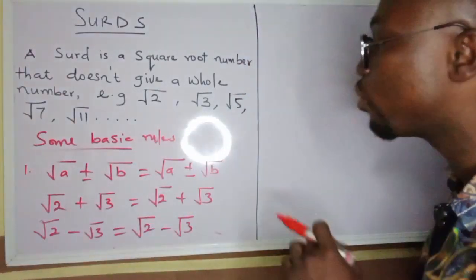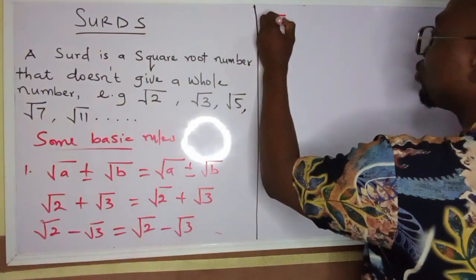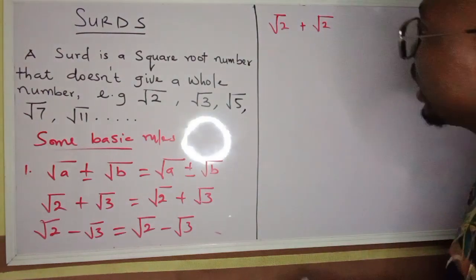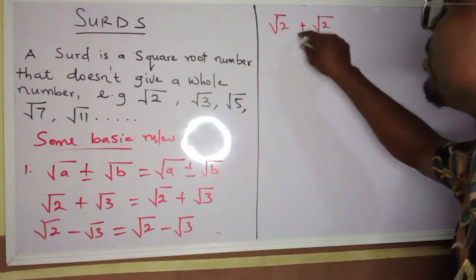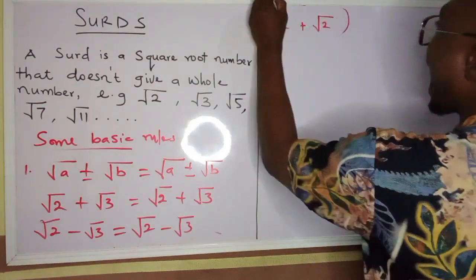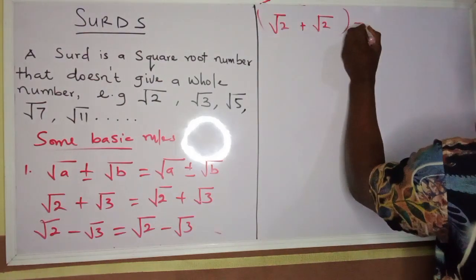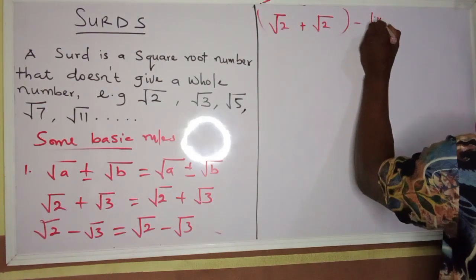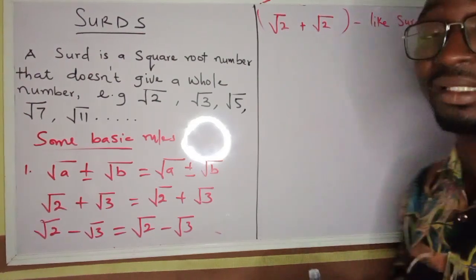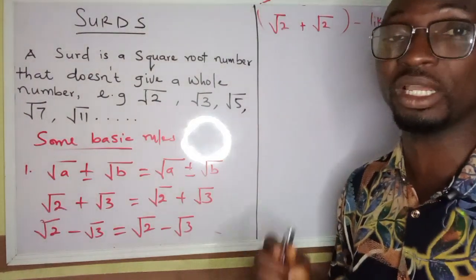But what if you have the square root of 2 plus the square root of 2? Since you have the same number under the square root sign, we call this like sword, just as you have like terms in your algebra expression.